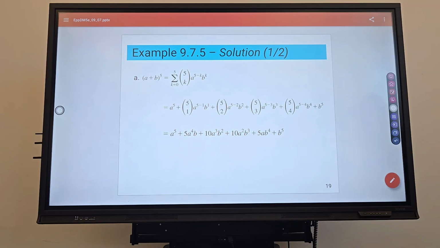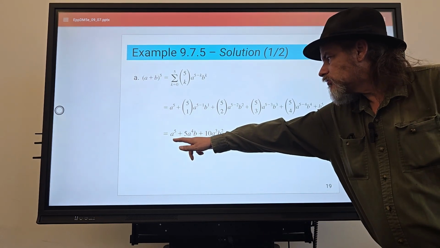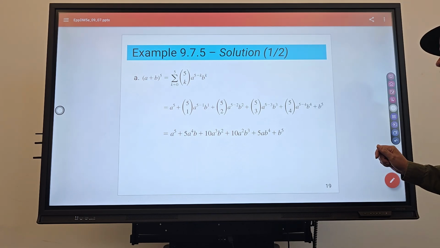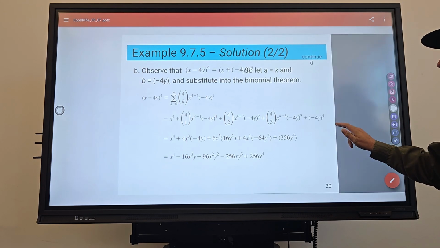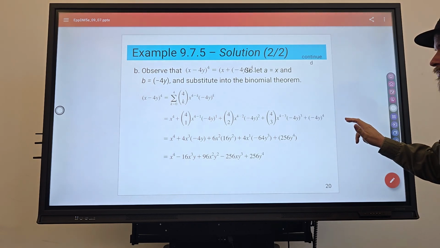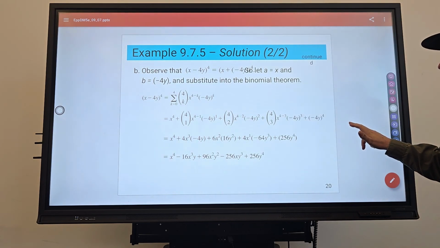And you end up with this when you do the expansion and solve for 5 choose 1, 5 choose 2, 5 choose 3, and 5 choose 4. And similarly with the second example.